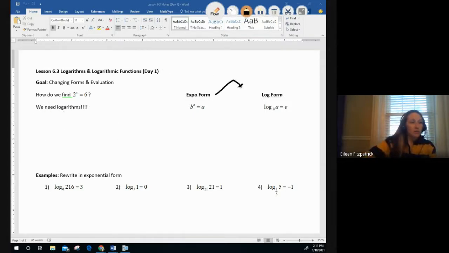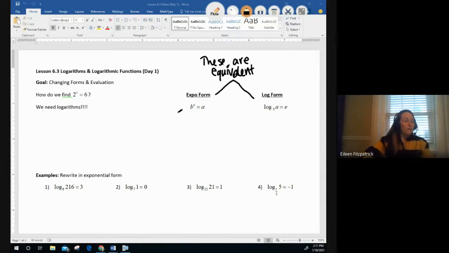So these two forms are equivalent, and that's important to know because we can change from one form to the other and still have an equivalent equation or expression, but with a new way of writing it, which might help us solve.